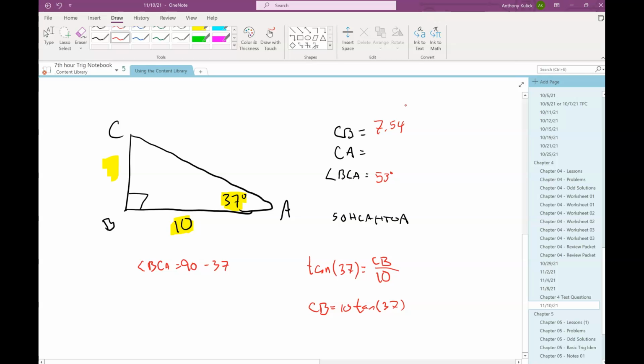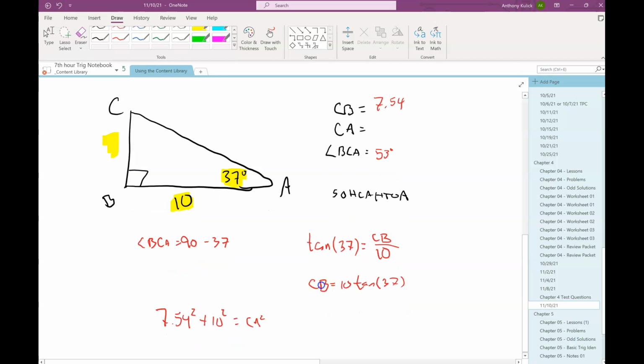Everybody okay there? Notice here I used regular tangent, not tangent inverse, right? Because I was looking for a side length as opposed to an angle measure. And then how can we find CA then? I could use the Pythagorean Theorem at this point, right? So 7.54 squared plus 10 squared is equal to CA squared.